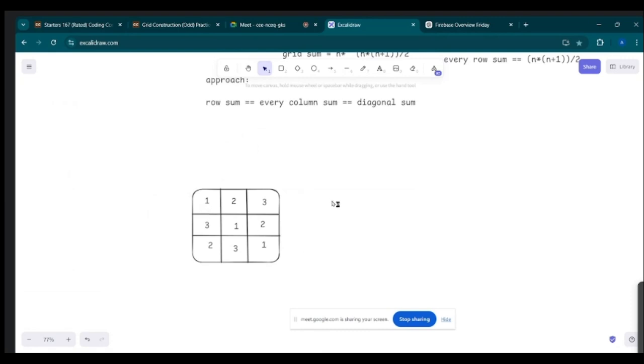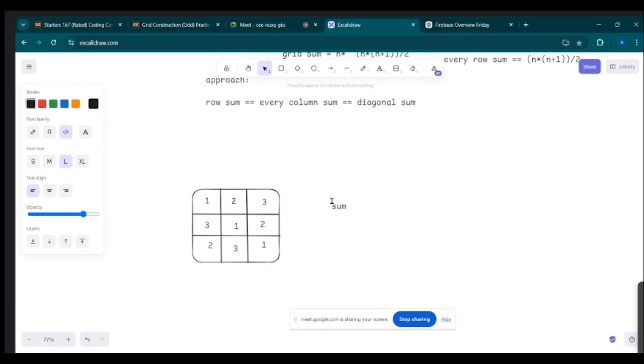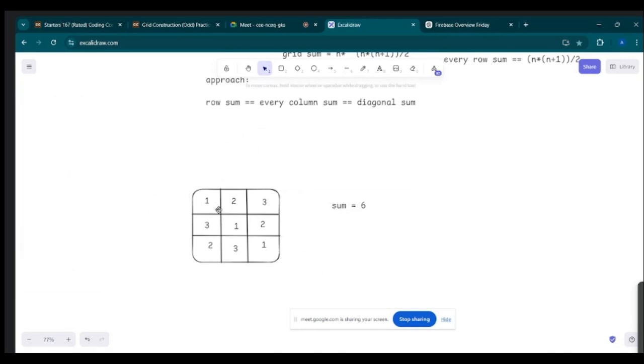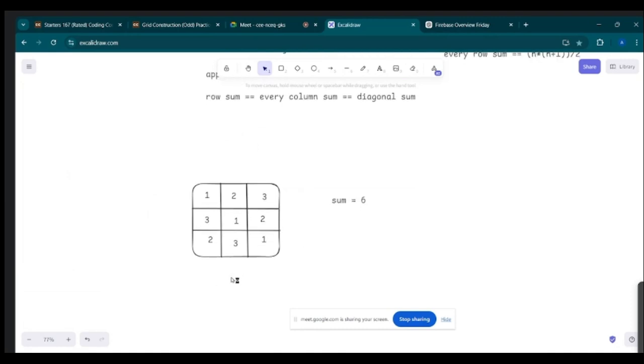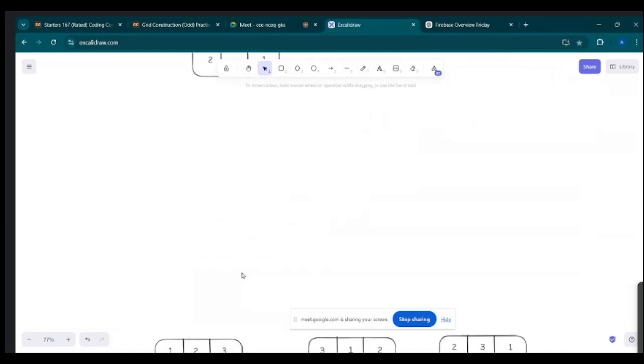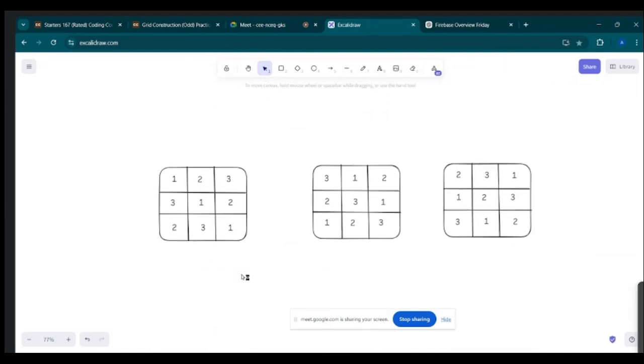We want the sum equal to 6 for every row, column and diagonal. But here the sum is equal to 3. So we can write this row first and then this and this. We can try some combination of this, like here I did. So this was the previous example.